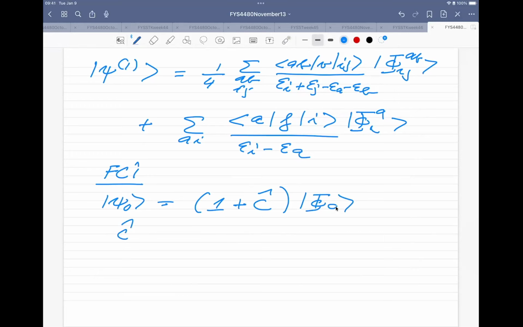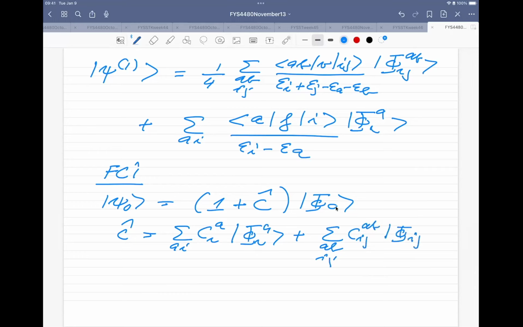And the C hat here was actually this sum over particle-hole excitations. So we have a C_IA, and then we have the phi_IA, plus C_IJ^AB, and this just goes on. So when you diagonalize for 4 particles here, there will also be a 4-particle 4-hole excitation.